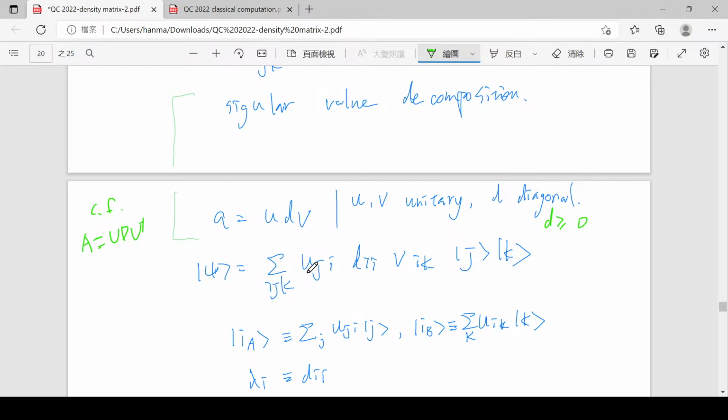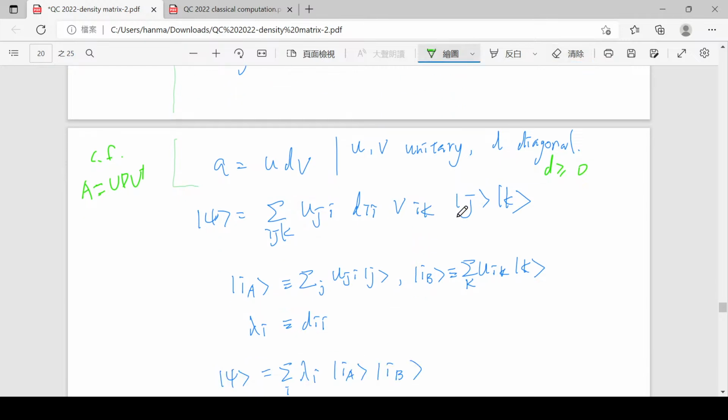This is just the standard way to write matrix multiplication in terms of elements. Usually we would need to write D_ii prime, but D is diagonal, so we only care about D_ii. And there's j and there's k.